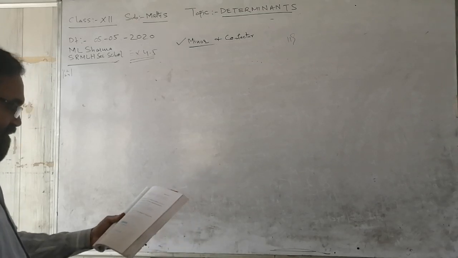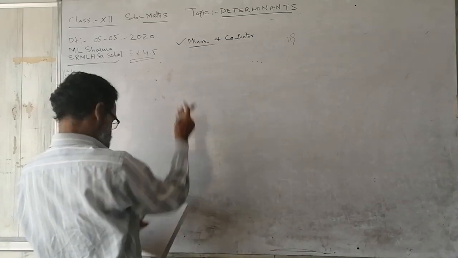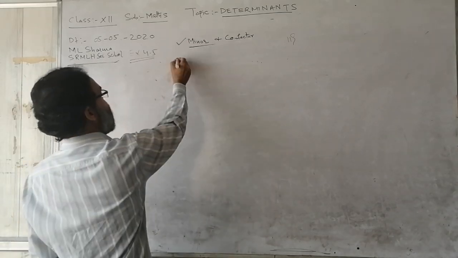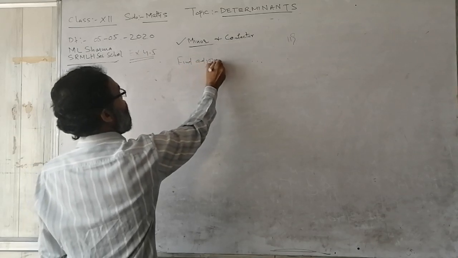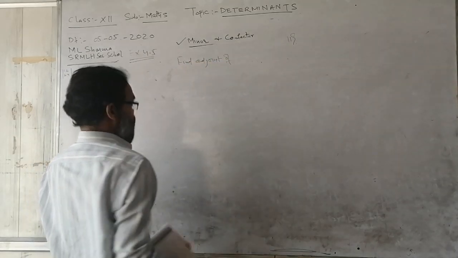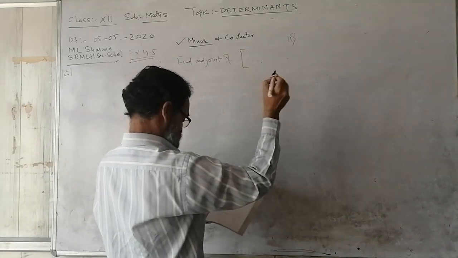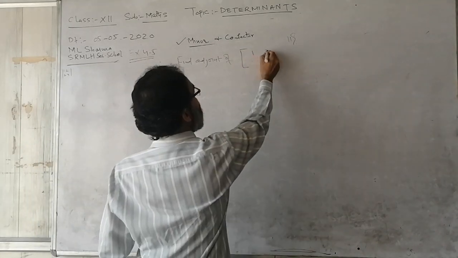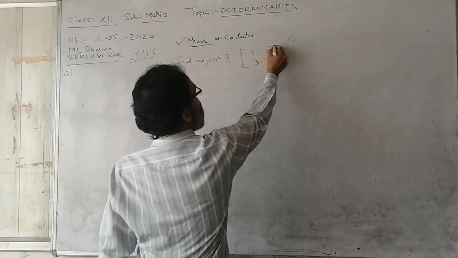The first question says: find the adjoint of the matrix. The matrix is given, elements are 1, 2, 3 and 4.